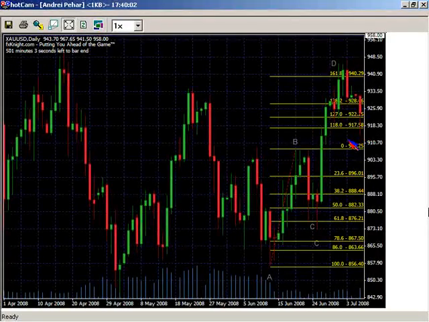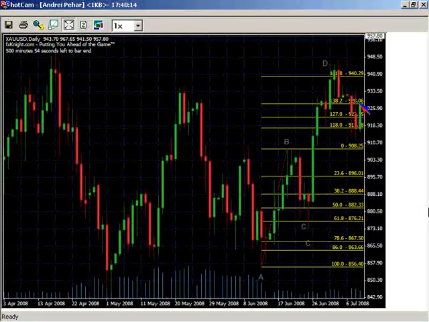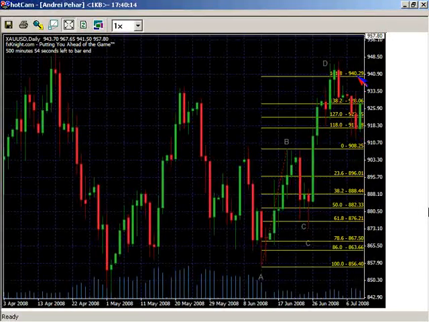Okay, after the pullback, and by the way, because the 21 acted as support specifically, I took another long here back up to the 161.8. I'm more than happy to repeat a winning trade. If this is going to go on to make a double top, I'm only too happy to repeat a winning trade.